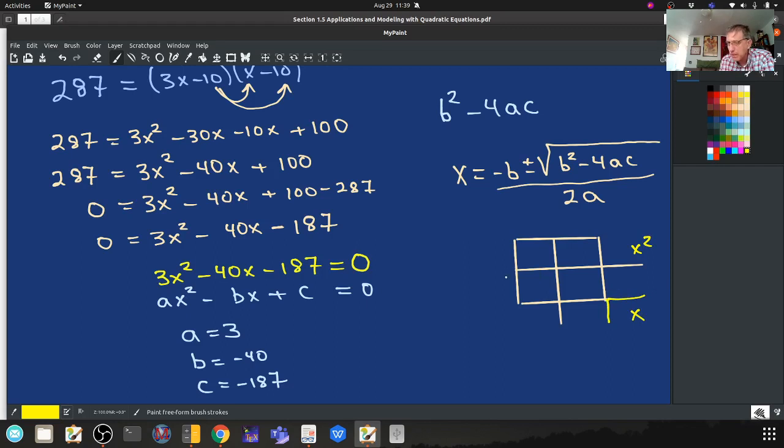So I'm going to suggest 3x and 11 and x and minus 17 work. So I have to have 3x times x give me my 3x squared. This has to give me minus 187, and this has to give me minus 40.